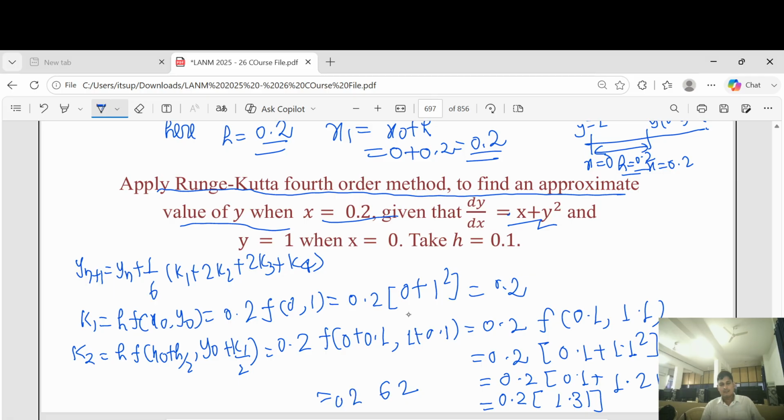We place the decimal after 3 digits, so 0.262. This is the value of k2.